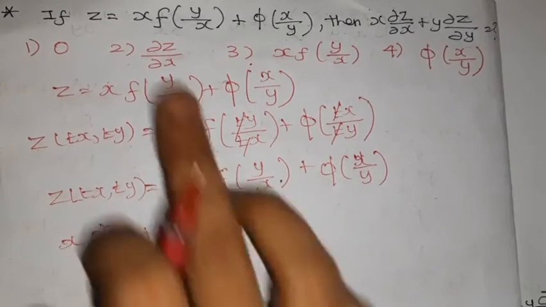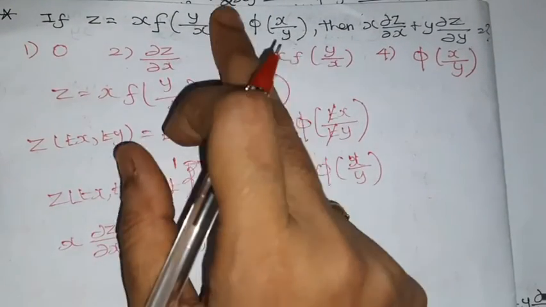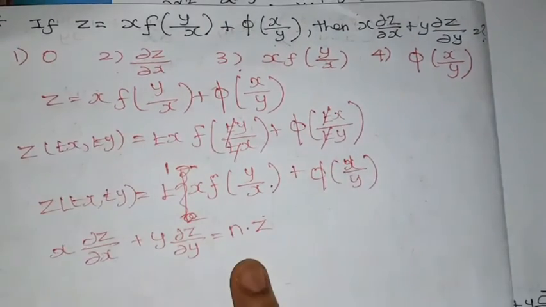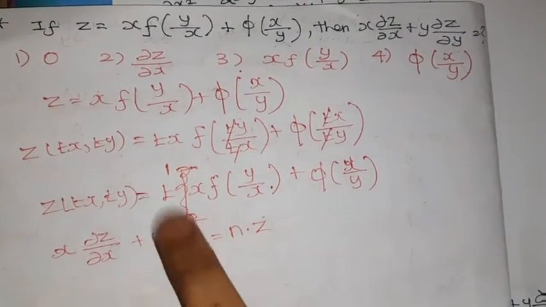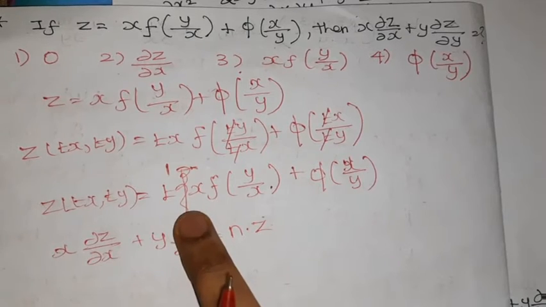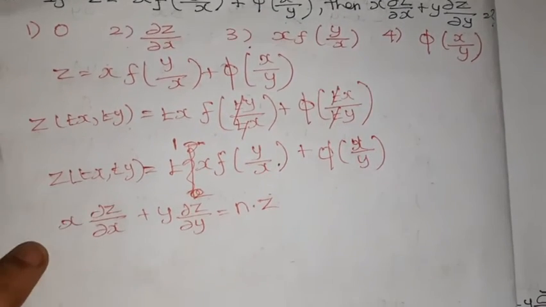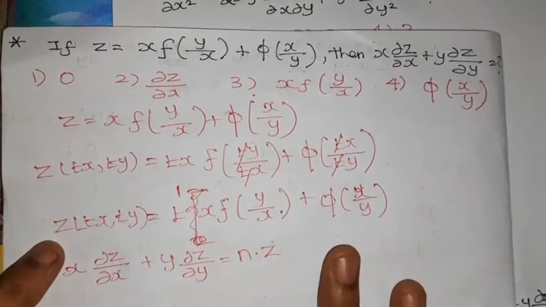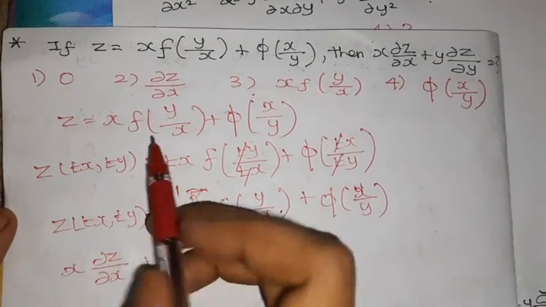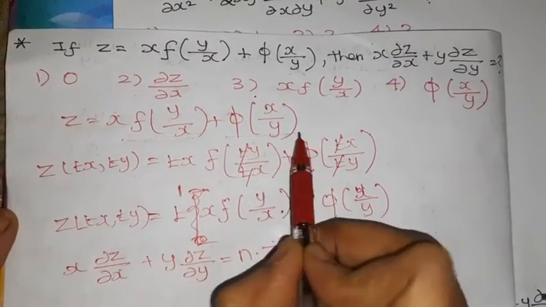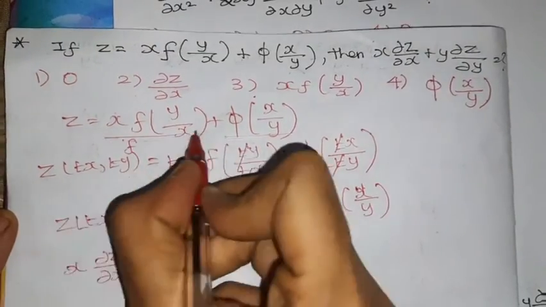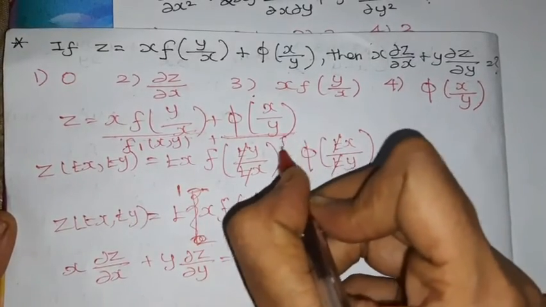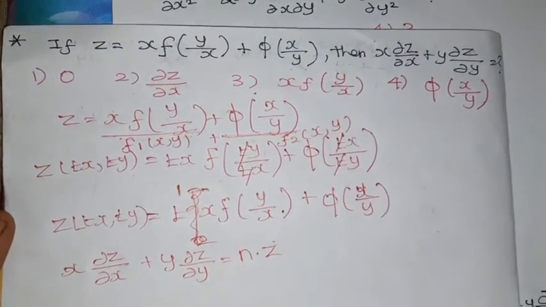So z is nothing but this term. Then what we need to do? What is the degree? The degree is n equal to 1. So n equal to 1 and order equal to 2. So for our simplification, it can be written as function 1 of x comma y plus function 2 of x comma y.